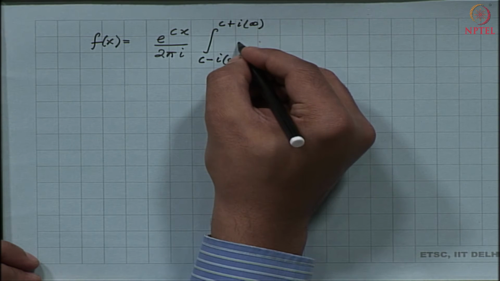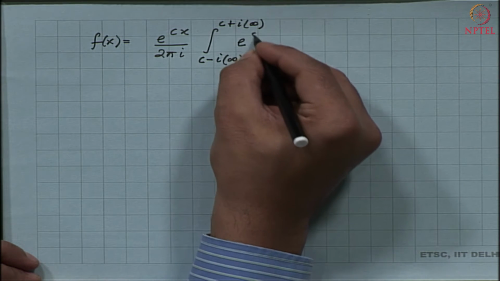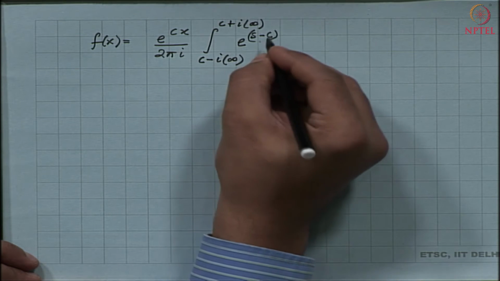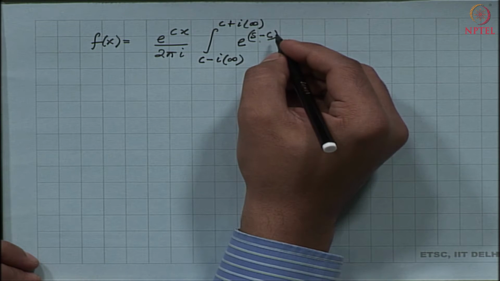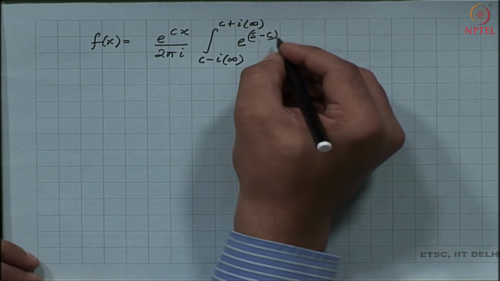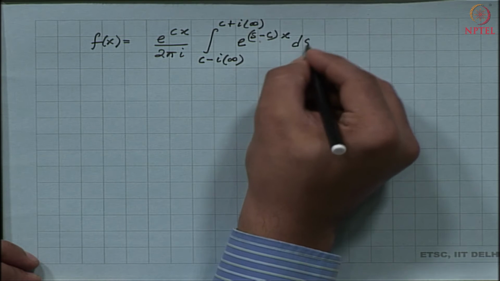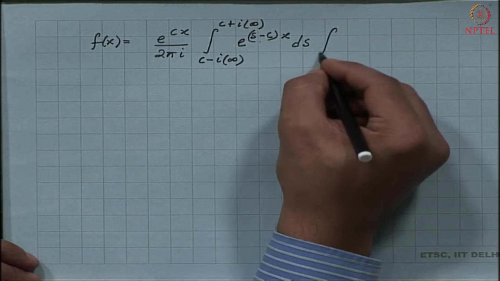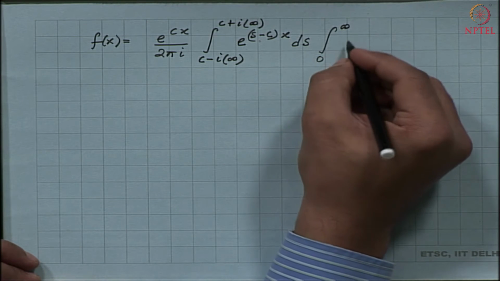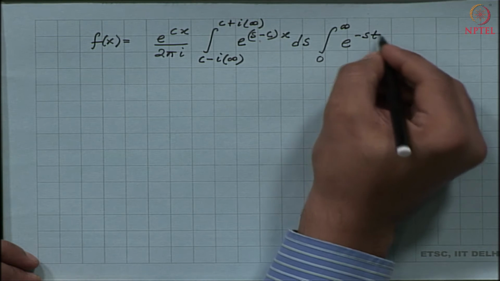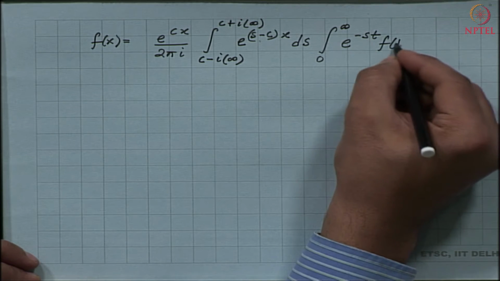Then, continuing to substitute, I get e to the power s minus c times x, ds, times integral 0 to infinity e to the power minus s t f of t dt.